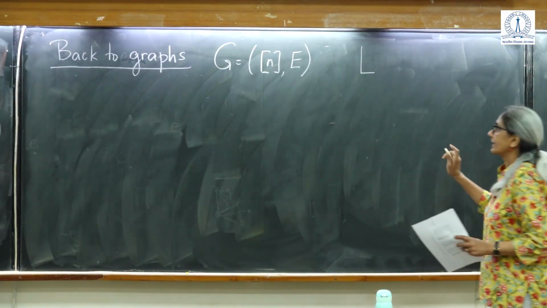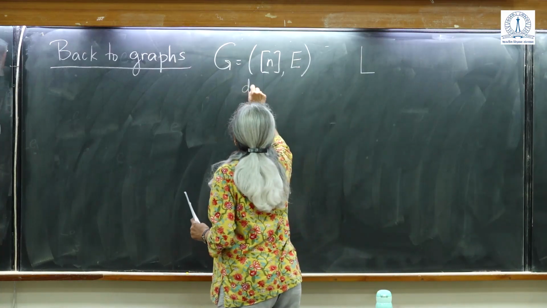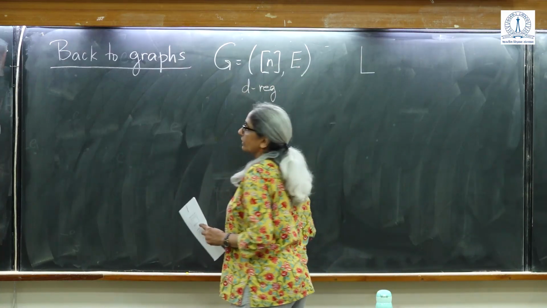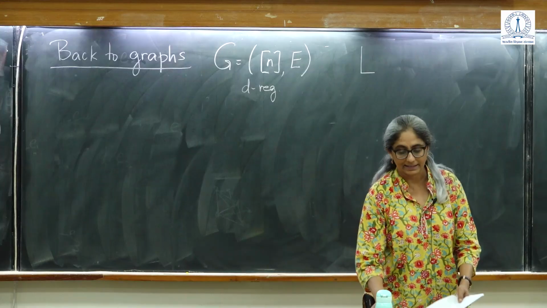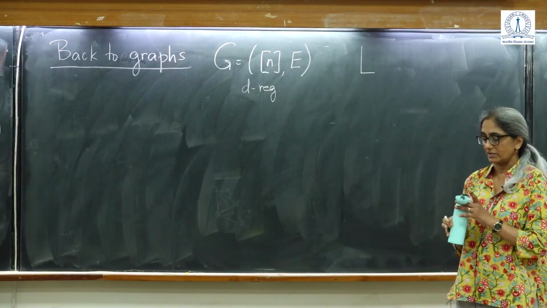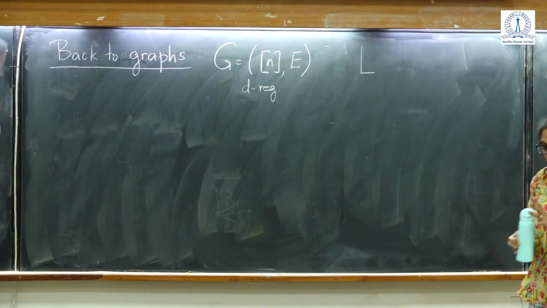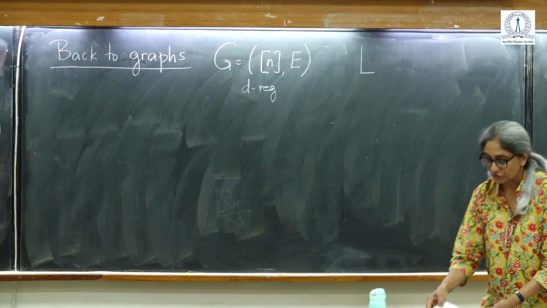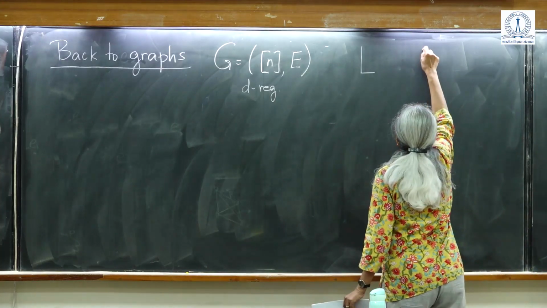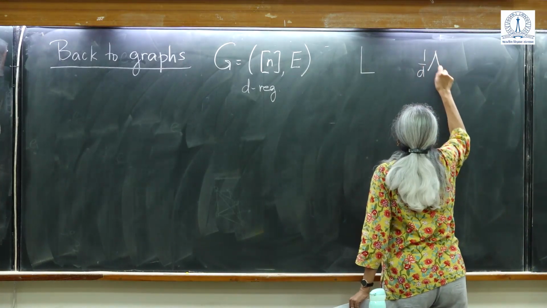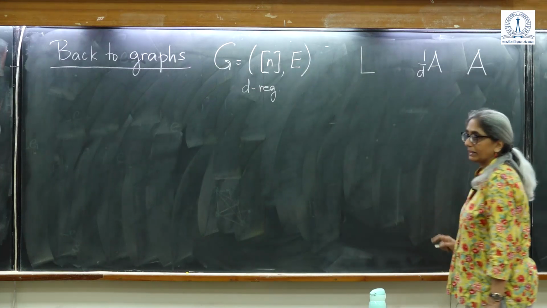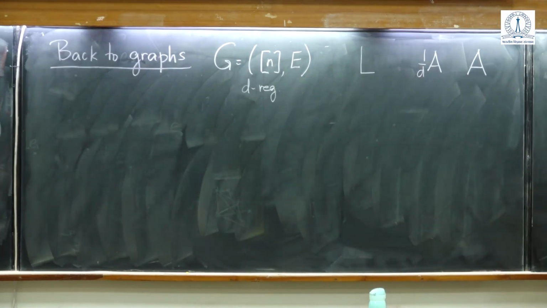Everything is d-regular. You can make this theory work for non-regular things, but it gets more messy. So let's not worry about it. I think in the slides that I'm going to show next, we are taking AD inverse or 1 over d A. I don't mind which one you pick, but pick one of these matrices.